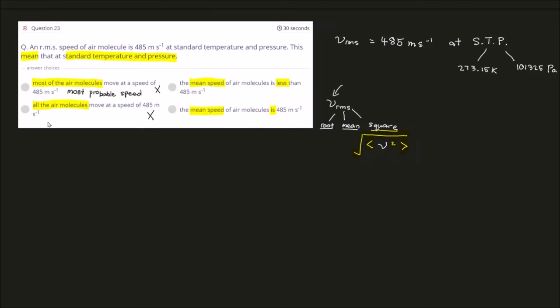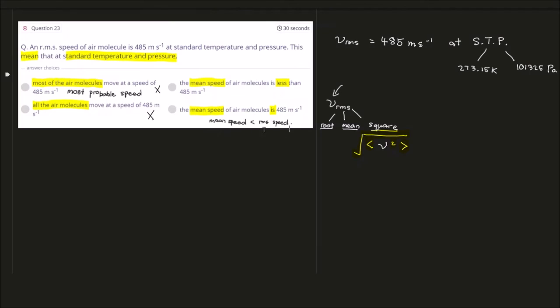But it's actually not 0. 0 is an idealized situation, but in actuality it will be a value, but this value will be smaller. Mean speed is always smaller than RMS speed. This is due to some mathematics, but you know that mean speed is less than RMS speed.